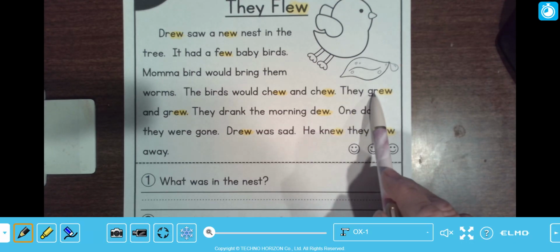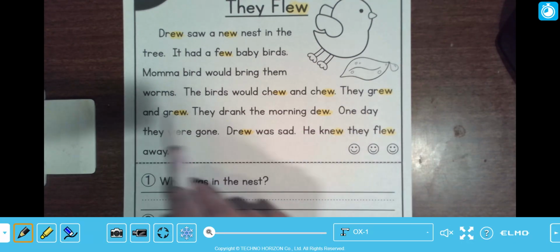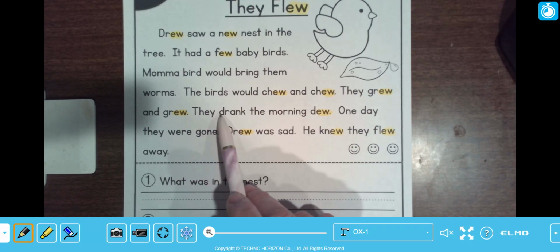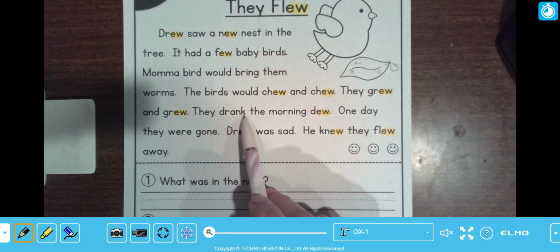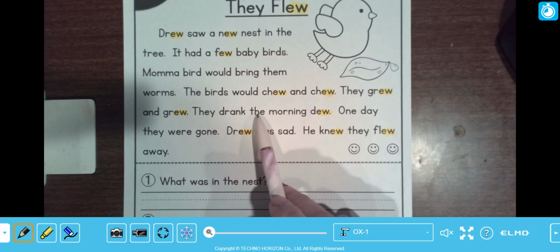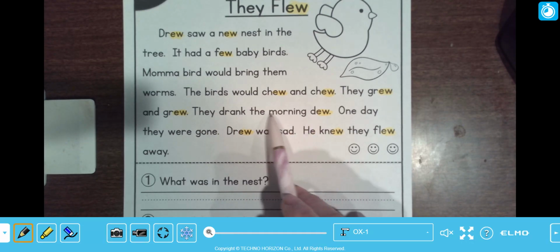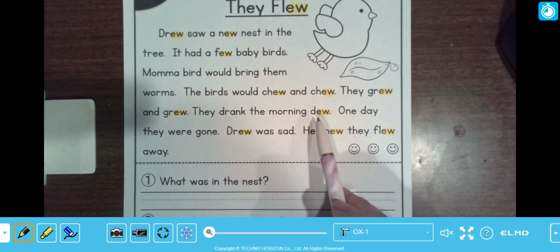They grew and grew. They drank the morning dew.